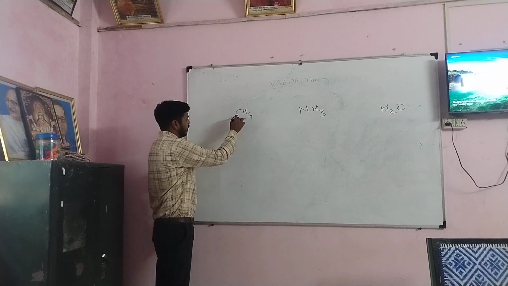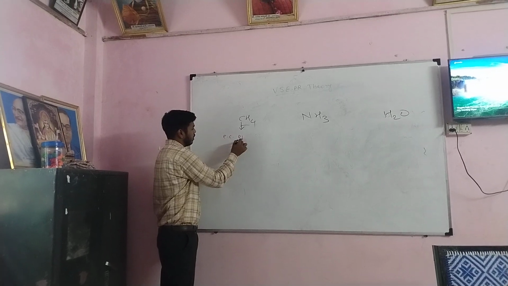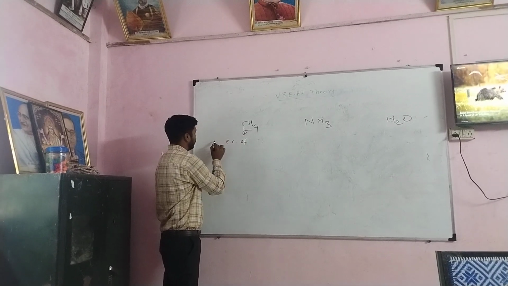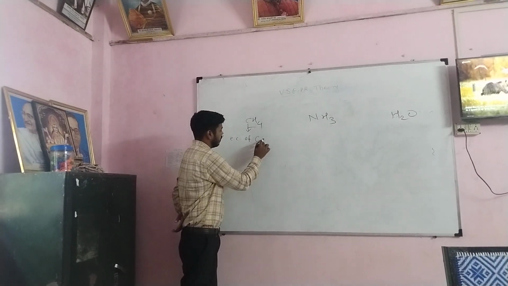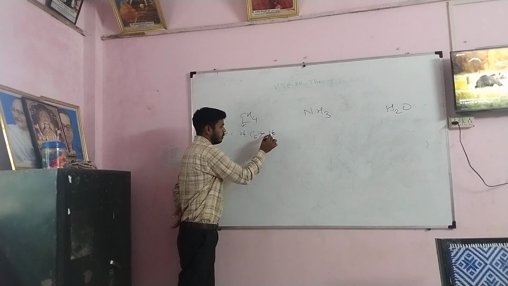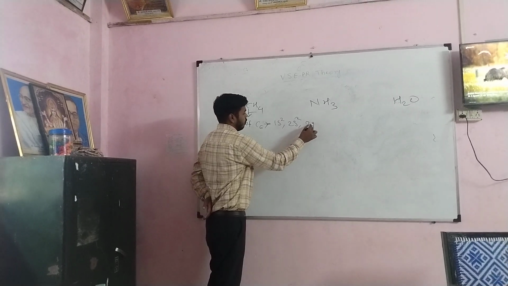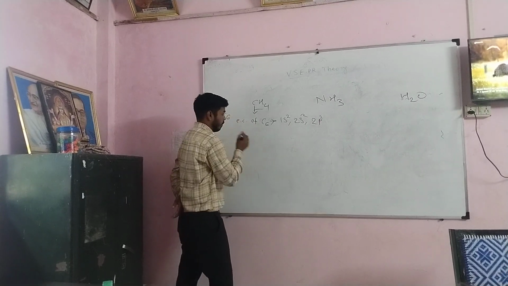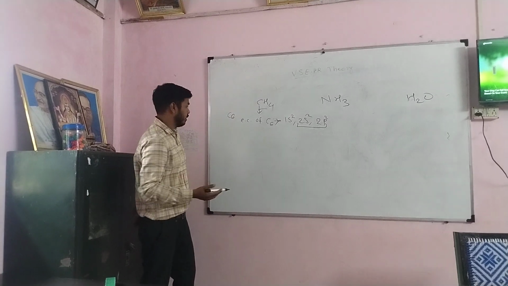So in the first molecule the central atom is carbon. The atomic number is 6, so the electronic configuration of carbon is 1s2, 2s2 and 2p2. So the second orbit electrons are valence electrons.